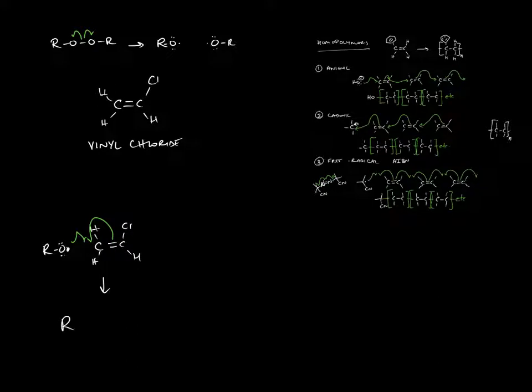And what that would make would be a brand new bond between the oxygen and this carbon right here, giving us a carbon radical next to the chlorine. And so chlorine can inductively share electrons. They can make kind of a resonance structure there.